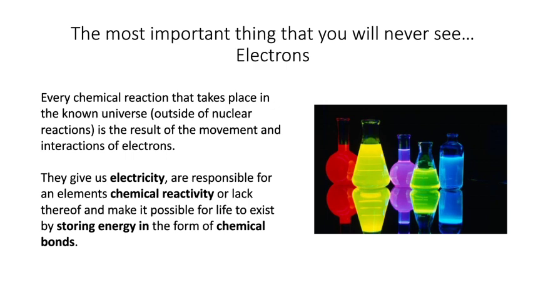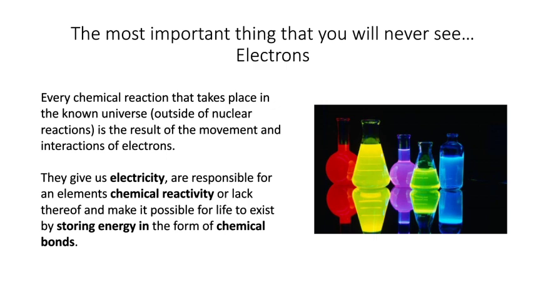So electrons, why they are so important in particular is because every chemical reaction that takes place in the known universe outside of nuclear reactions, right? Because those are dealing with the nucleus, that's why they are nuclear. But everything outside of a nuclear reaction is a result of the movement and interactions of electrons, right?